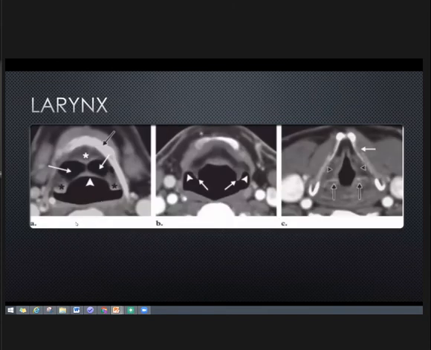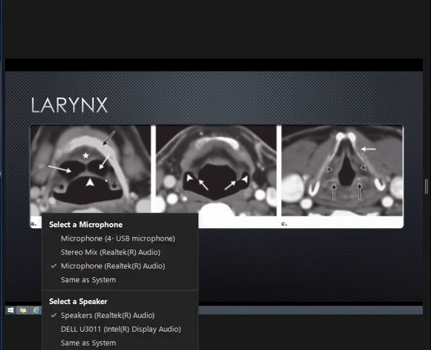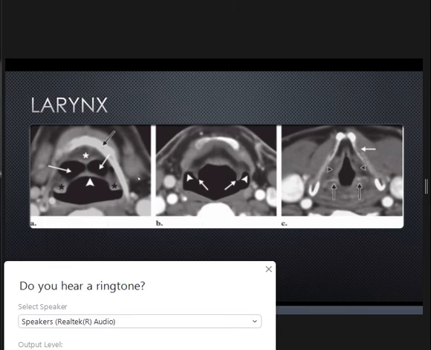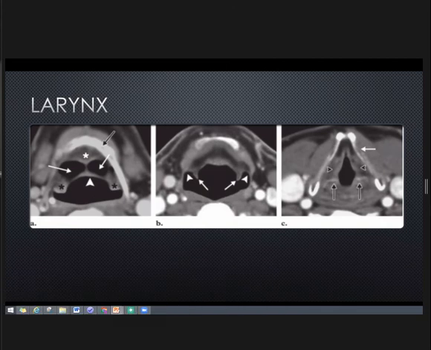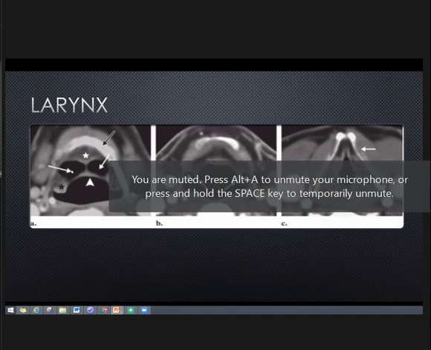So here is another image of the larynx. These are axial images from CT depicting the different parts of the larynx. The arrowhead here is the petiole of the epiglottis, while the white arrows depict the valleculae.